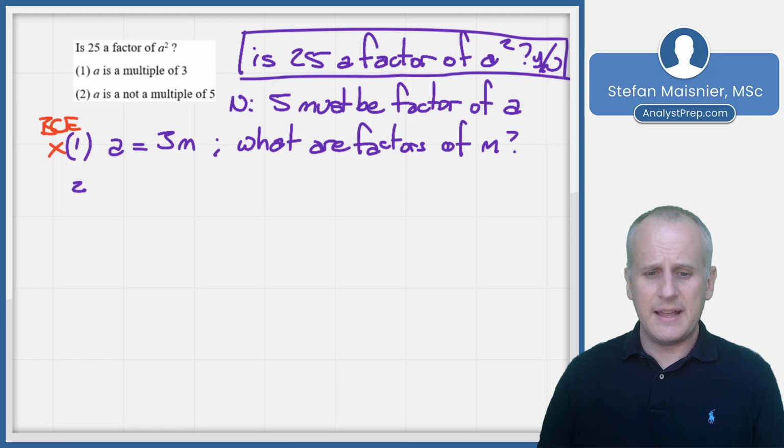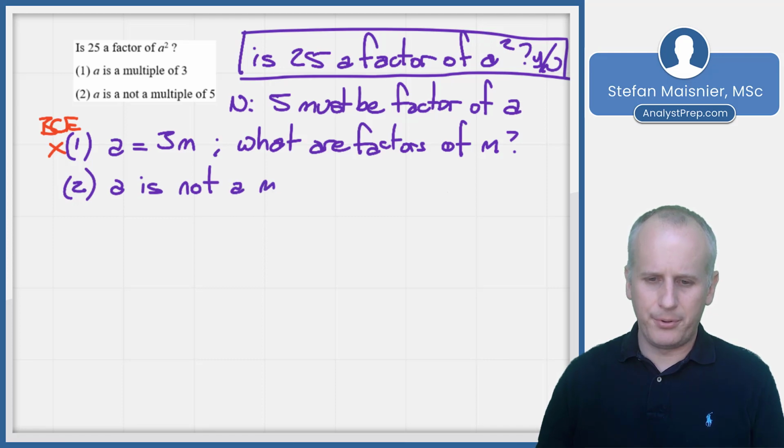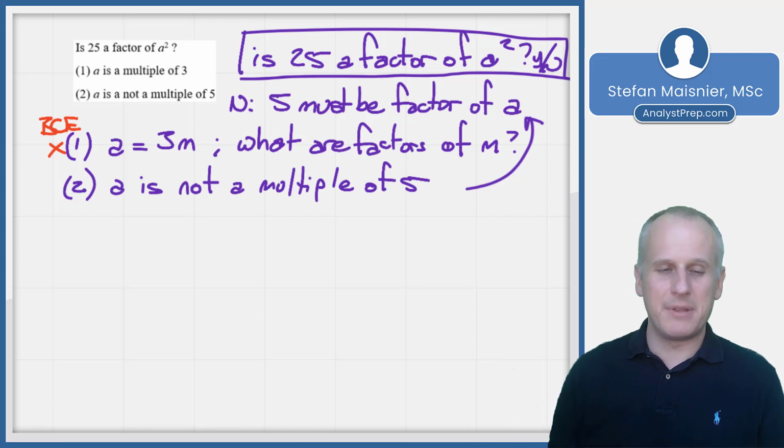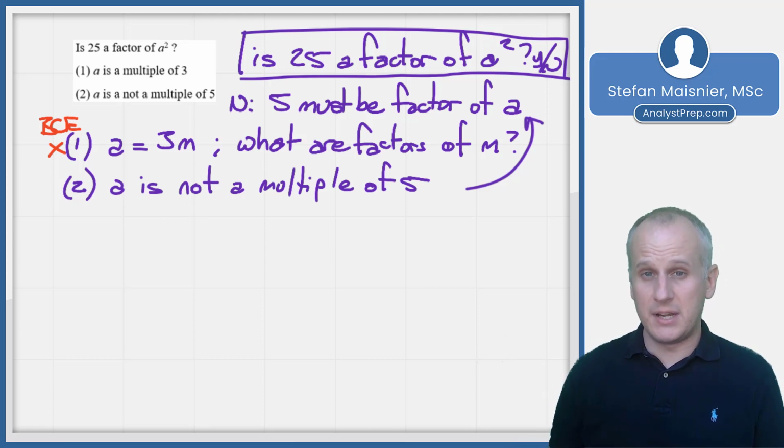And then condition 2, we know that a is not a multiple of 5. Well, that is exactly what we needed to know. And if we considered it at the outset, we now know that 25 cannot be a factor of a squared, because if a is not a multiple of 5, a squared is only going to have the factors that were included in a, just doubling the number of them.